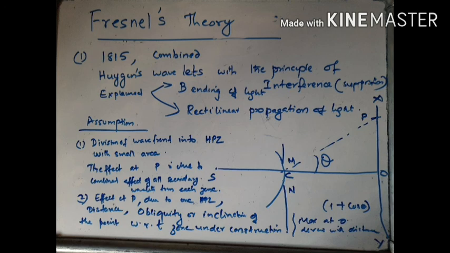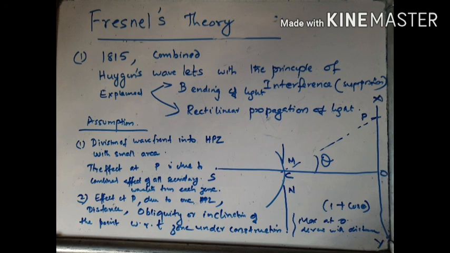Therefore, 1 plus cos theta is equal to 1 plus 1, which is equal to 2. So, this is the maximum value of 1 plus cos theta. Now, we can consider theta equal to 180 degrees, and cos 180 degrees is equal to minus 1. Therefore, 1 plus cos theta is equal to 1 minus 1, which is equal to 0.